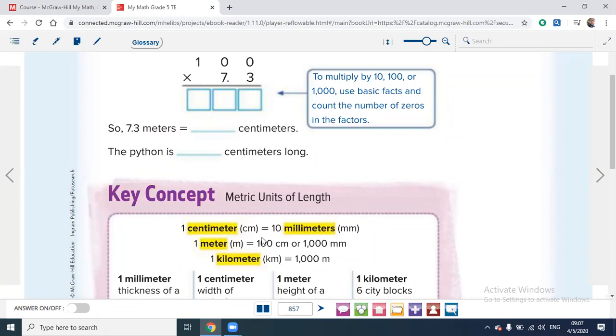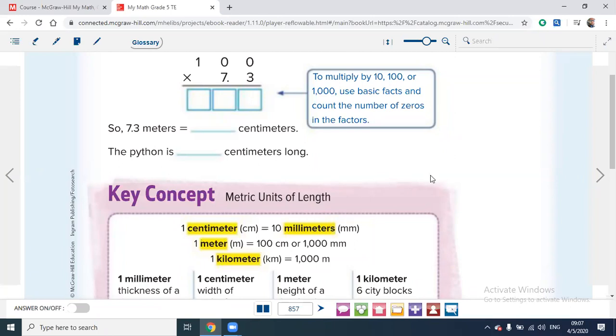These are used for different objects. Millimeter for something very, very small, and centimeter for something small like your pencil, your book. Meter for something long like your room, your class, your house. Kilometer for something too long like the distance among the cities.